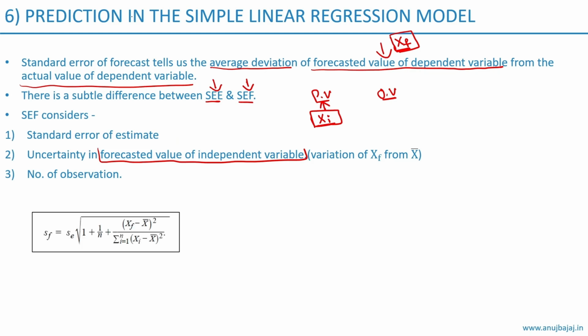So as we can see from the formula, the larger the standard error of estimate, the larger will be the standard error of forecast, and the more the uncertainty of the forecasted value of the independent variable. That is, the larger the deviation of the forecasted value of the independent variable from its average value, the larger will be the standard error of forecast, and the larger the sample size, the lower will be the standard error of forecast.